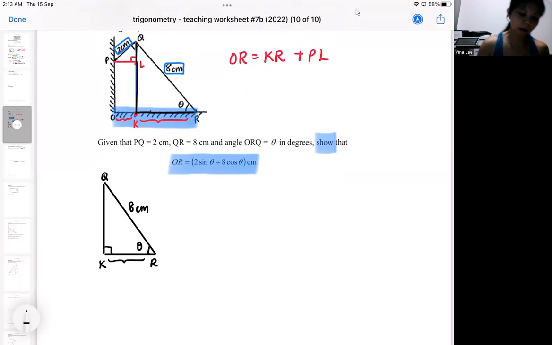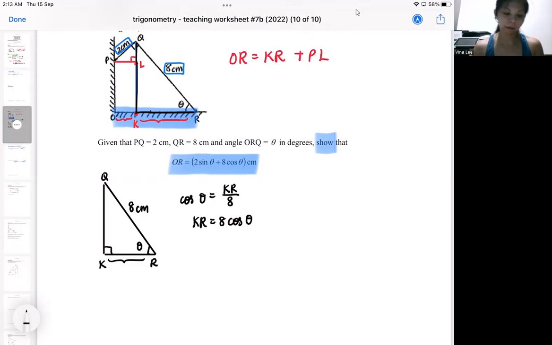You can get KR. From here, cosine theta is equal to KR over 8. So do your cross multiplication, you will get 8 cosine theta. So in the next part, I've gotten my KR, I need my PL.